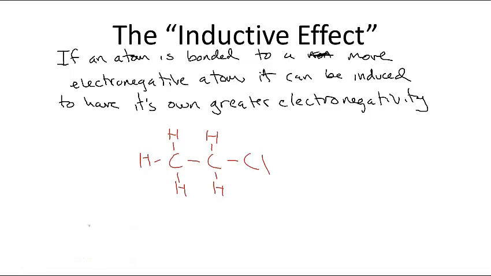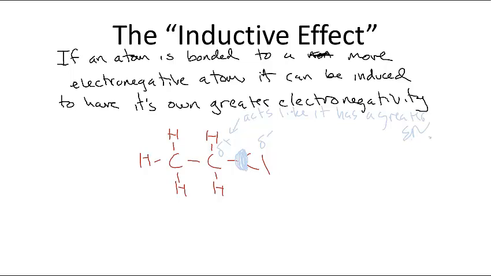Now, if we look at the C and Cl, the electrons are going to want to be closer to the Cl, right? This is partially negative, which makes the C partially positive. Now, when that C becomes partially positive, it actually acts like it has a greater electronegativity, right? Because it's partially positive, it's going to pull electrons more tightly.